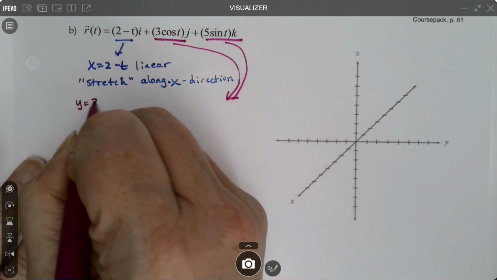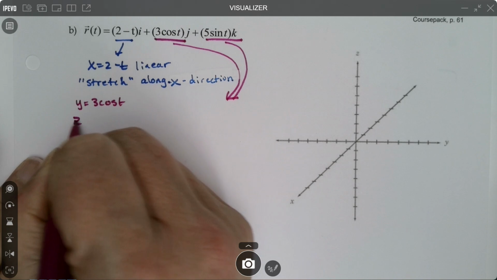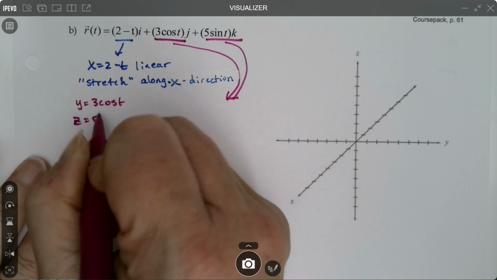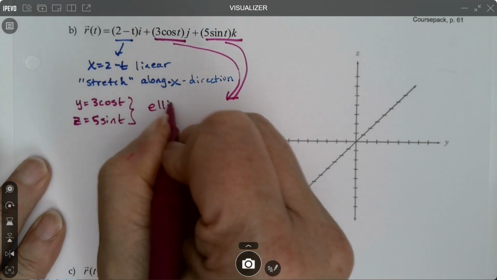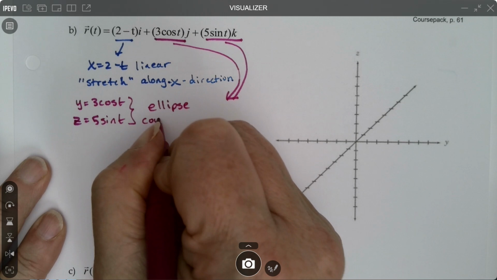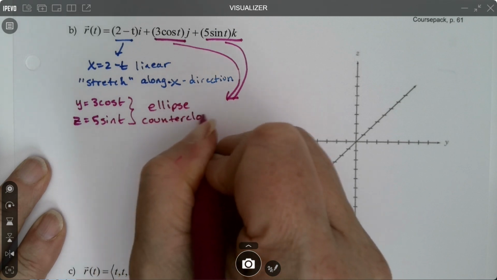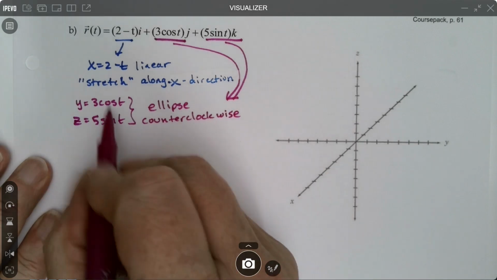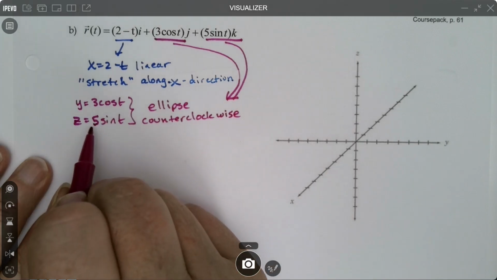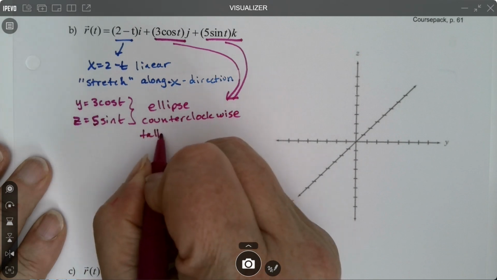That's y equals 3 cosine of t, z equals 5 sine t. So that's an ellipse that's counterclockwise. And it's taller vertically, because that's a 5 in front, than it is wide.